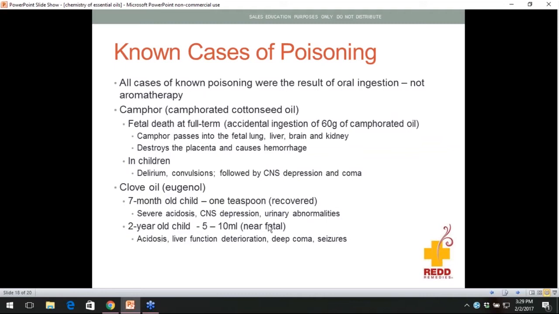The interesting thing about this case right here is that his case closely resembled an overdose of Tylenol. So they believe eugenol acts in the same way that acetaminophen poisoning would act.